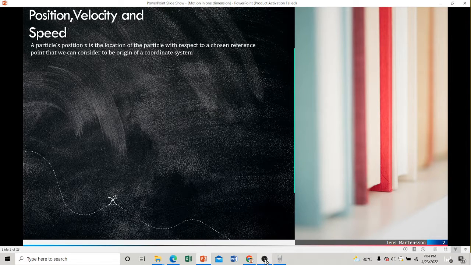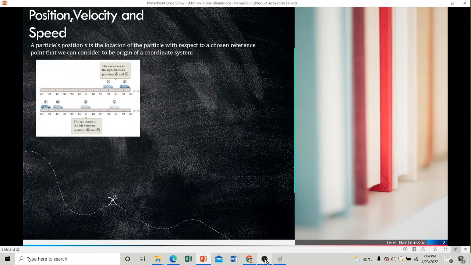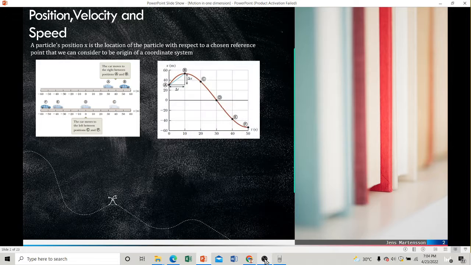Position is the location of the object, whether it is a person, a ball, or even a particle, at a given moment in time. Consider a car moving back and forth along the x-axis.